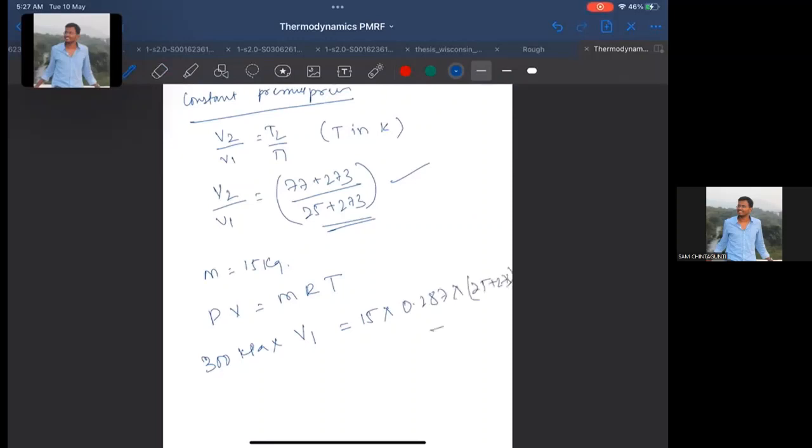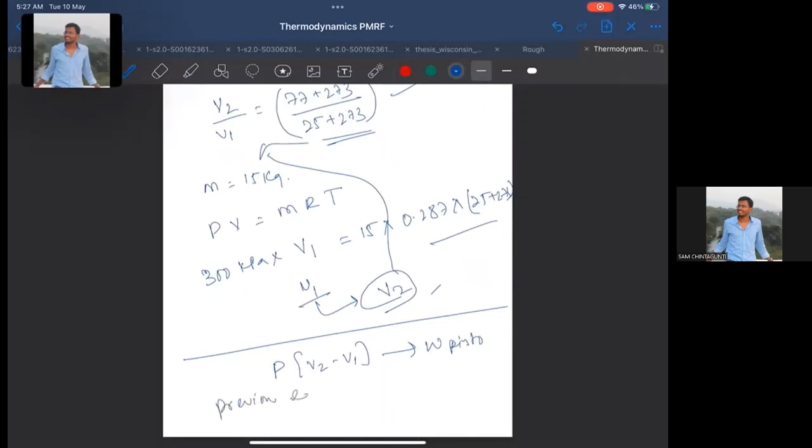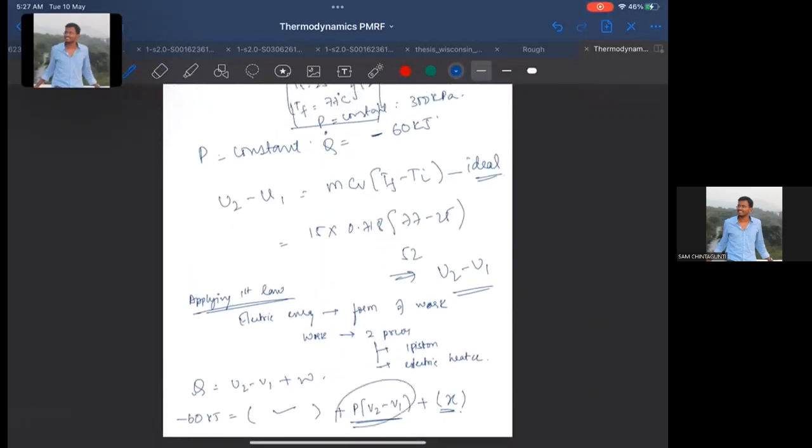So with this you get V1, and with that you get V2 as well from the ratio. Then P into V2 minus V1 will give you the work done by the piston. Substituting this into the previous equation, you know all the three values, so you only need to find the remaining one.